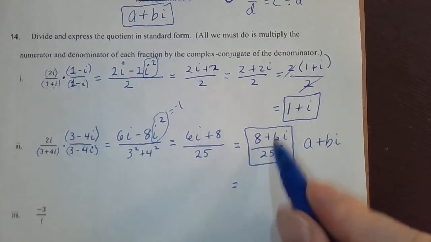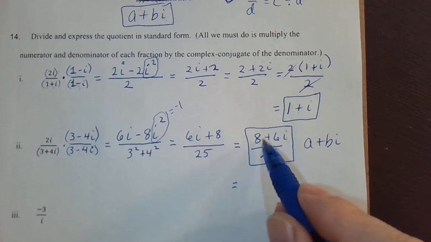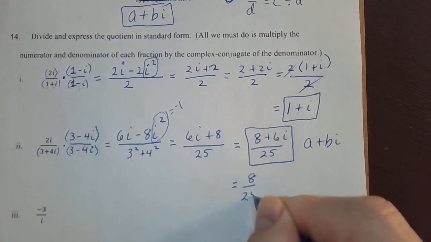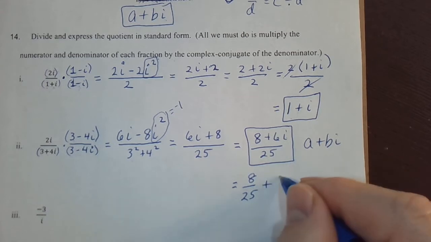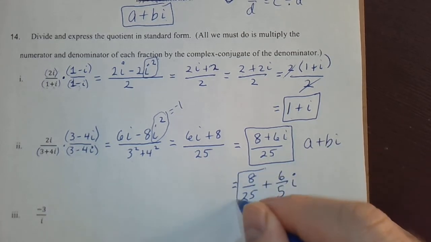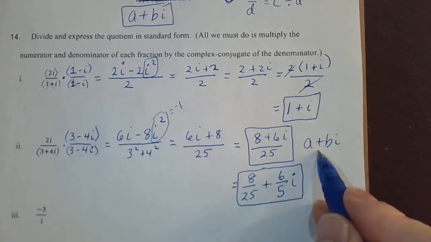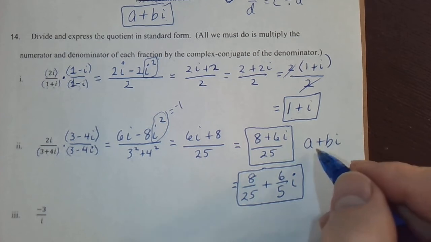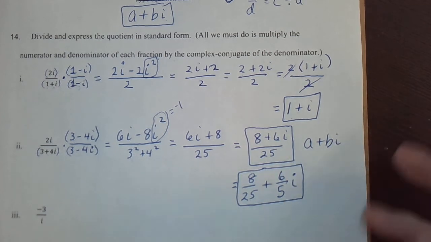which means you break this into two fractions. This is equal to, after all, 8 over 25 plus 6 over 25 times i. I prefer this. This is the correct form, a plus bi. But if your final answer is a plus bi over 25, I'm not going to take any points off for that.